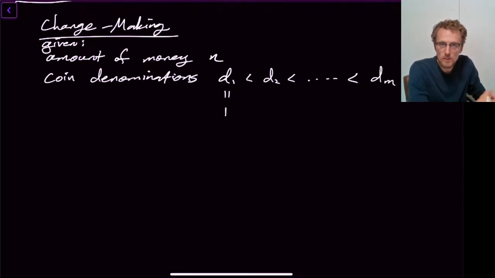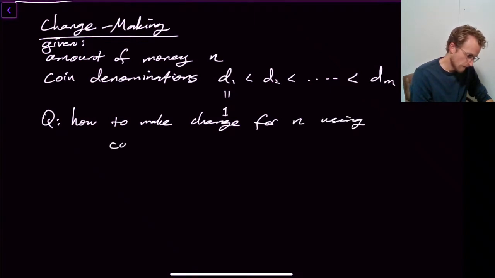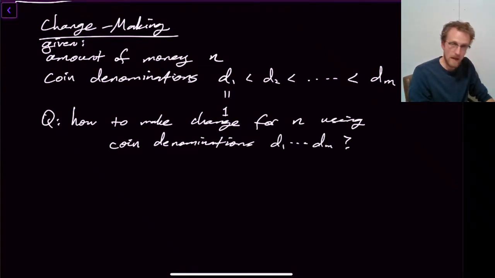Make change using those coins for n, using the fewest number of coins. So our question is how to make change for n using coin denominations D1 through DM.